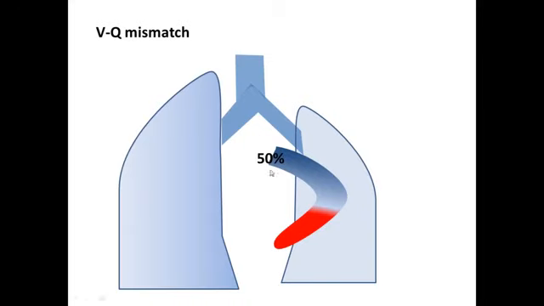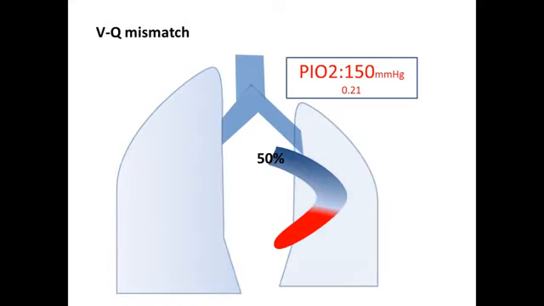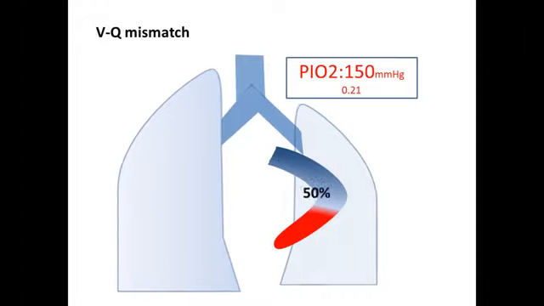So we have one lung which is weak and, in spite of maximum ventilation by mechanical ventilation, is still not getting enough oxygen. So you have a partial pressure of inhaled oxygen of 150 millimeters of mercury, room air, and venous blood leaving the lung at 70%. So that's hypoxemia.